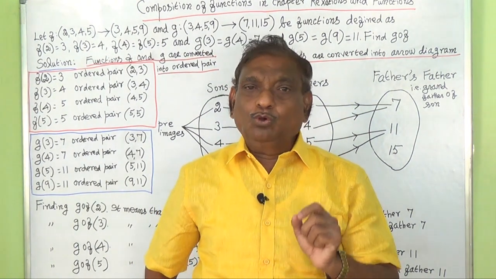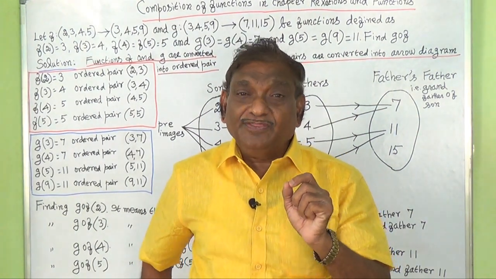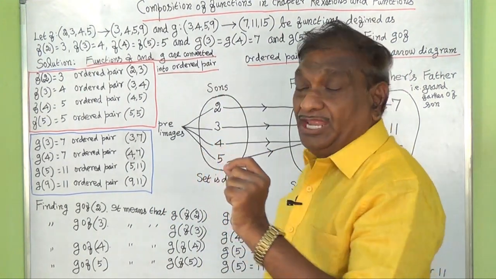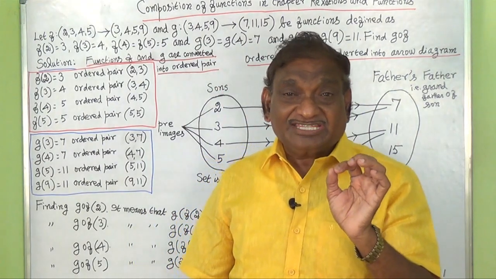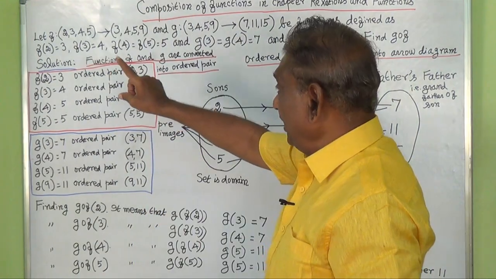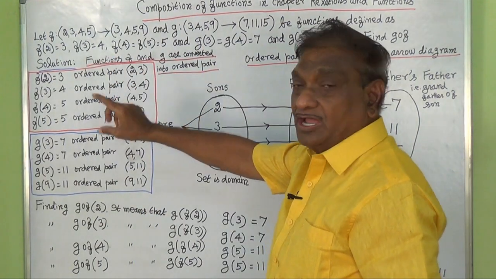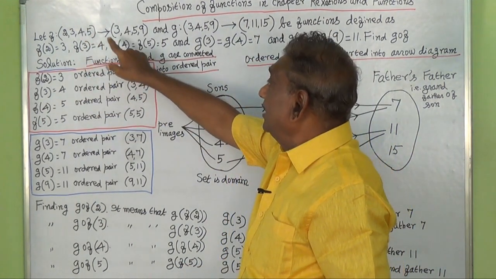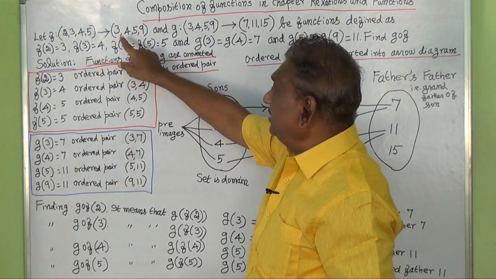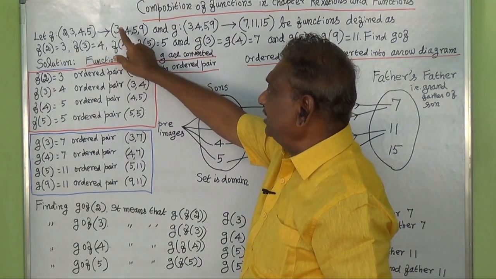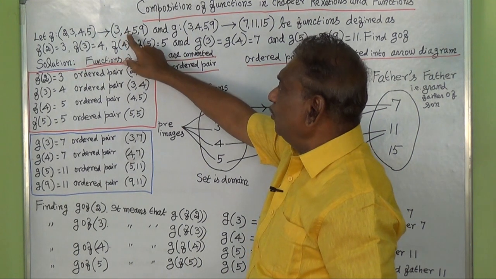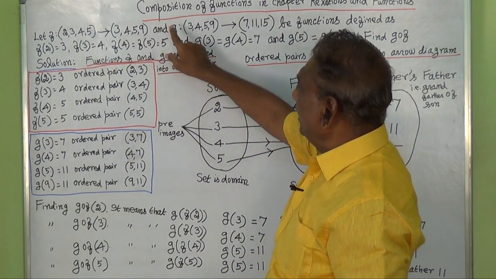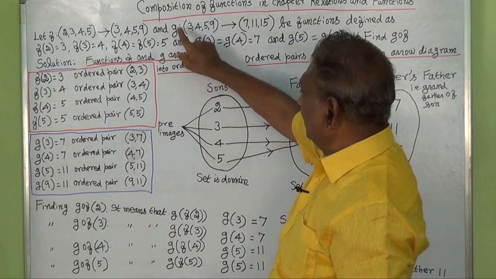Today we are going to find the composition of functions in the chapter Relations and Functions. Let f be a function from the set {2, 3, 4, 5} to another set {3, 4, 5, 9}, and another function g.